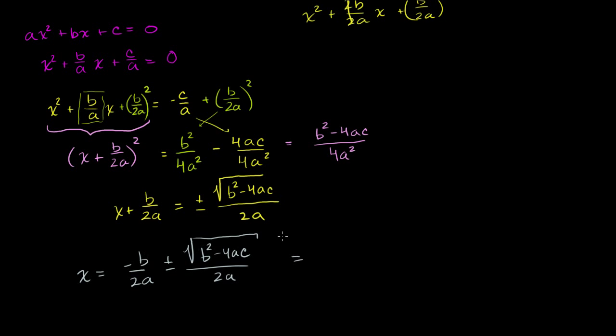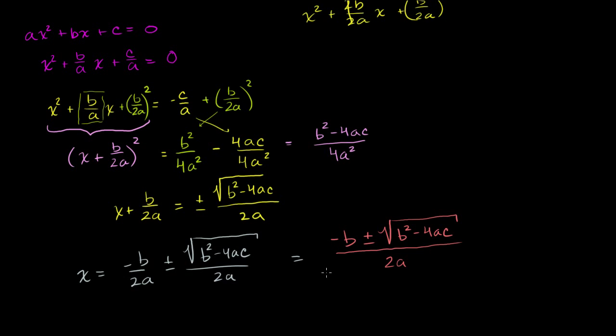So this is equal to negative b, let me do this in a new color, let's do it in orange, negative b plus or minus the square root of b squared minus 4ac, all of that over 2a.